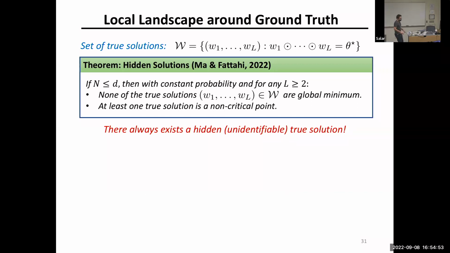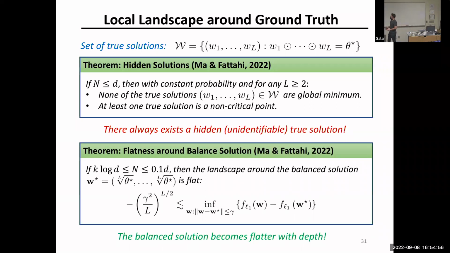But despite that, among all these true solutions, which are not unique because that set has infinitely many solutions, the one that is balanced, the one that has equal weight in different layers, turns out to get flatter and flatter as you increase the depth. Here, we just consider a ball around that balanced solution. This is essentially the slope of that bound, and it becomes smaller and smaller as you increase L.